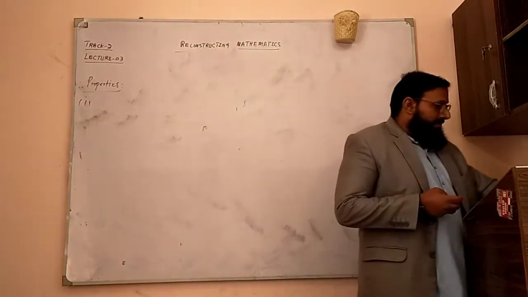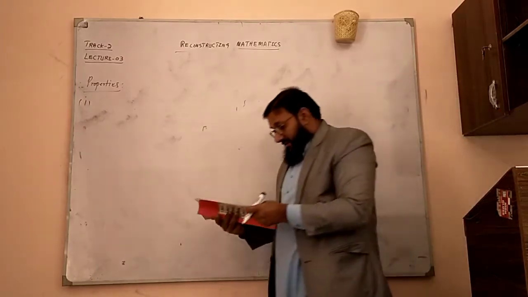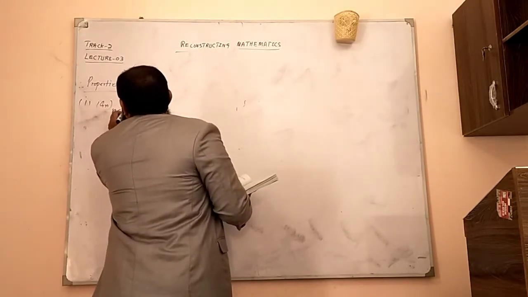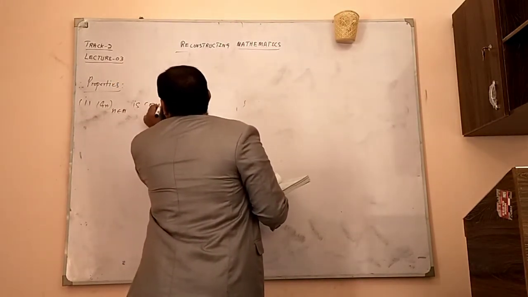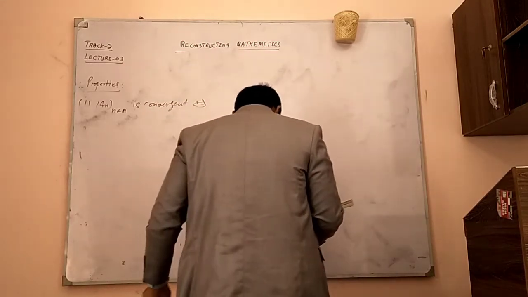Number one, let me write these, then we are going to discuss. So, properties are, you may call these theorems. A_n is convergent if and only if what happens.